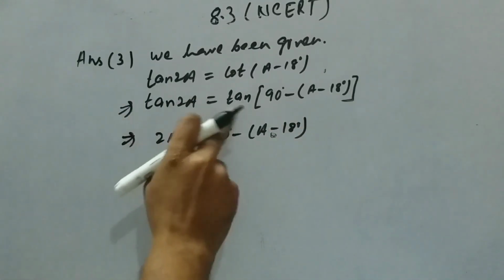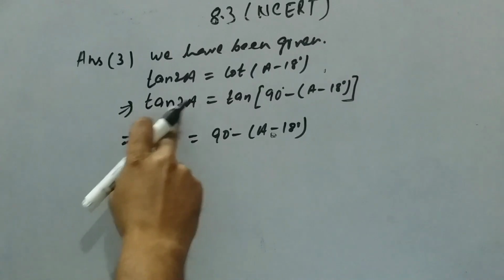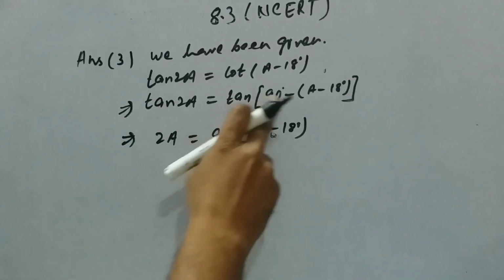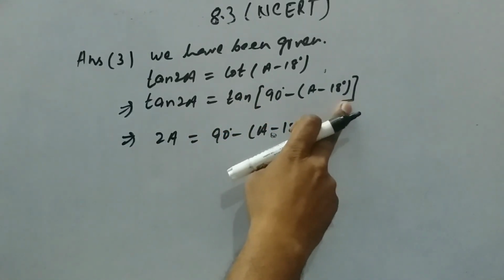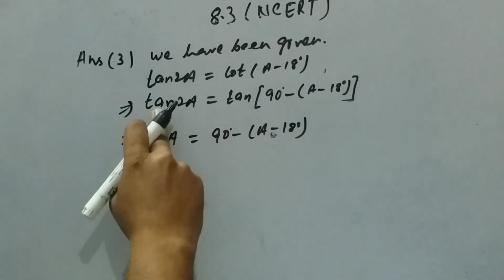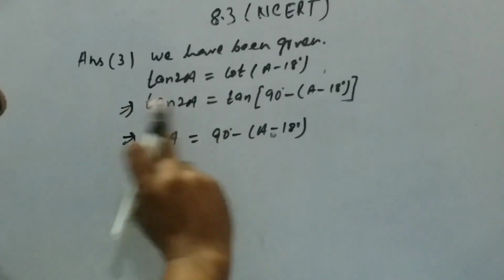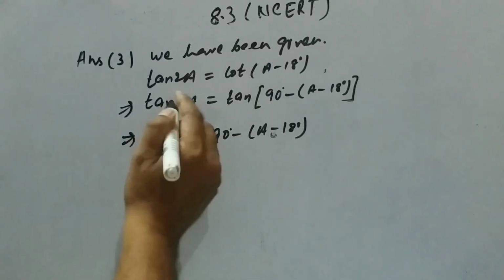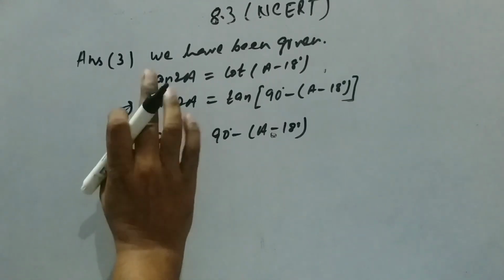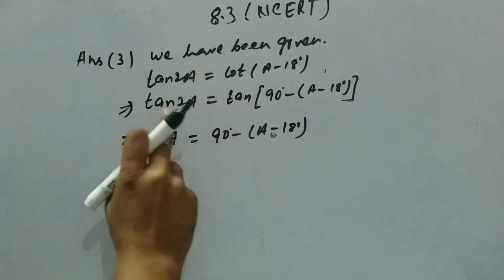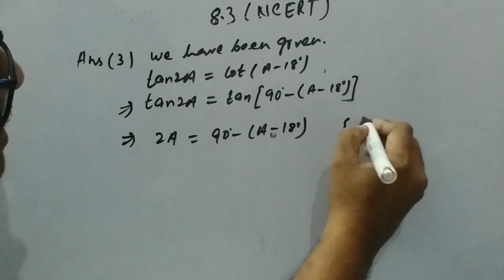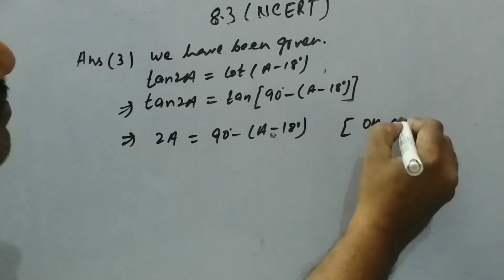After comparing both sides, here is tan and this is also tan, and this tan is associated with angle 2a, and this tan is associated with this whole angle, and as these two ratios are equal and have the same form, therefore their corresponding angles are equal. Please note, don't cross out these tan and tan, because these are not products. Tan and 2a are not in product form. This is the single form, and you will write like this, and alongside you will write on comparing.